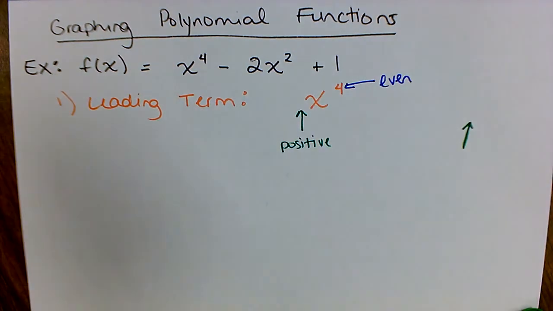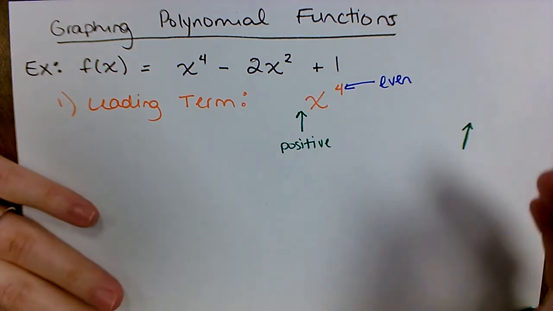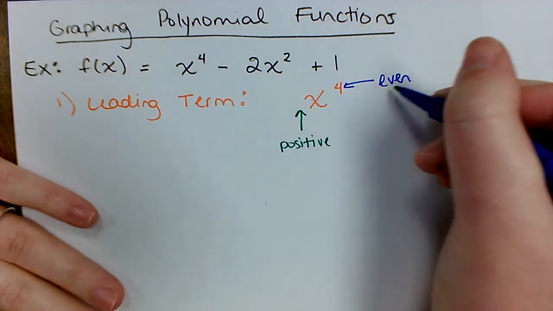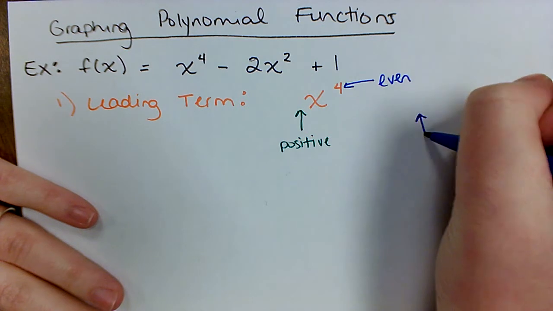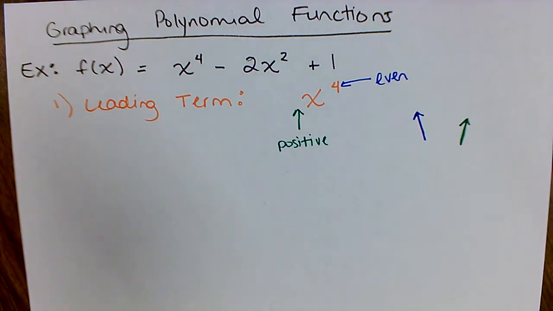So what does even mean about my end behavior? Well, remember, odd means opposite. They both start with O's, so odd means opposite, so even must be the same. So even means that my sides are doing the same thing. So if my right's going up, and they're going to do the same thing, that means my left must also be going up. So there's my end behavior.